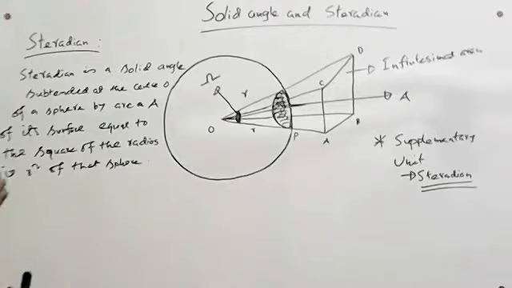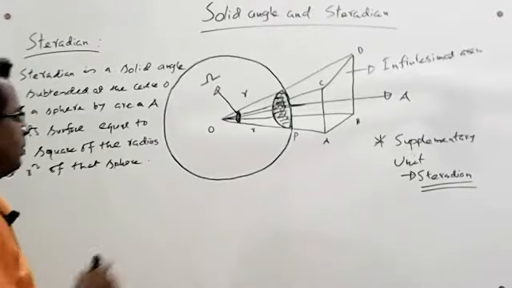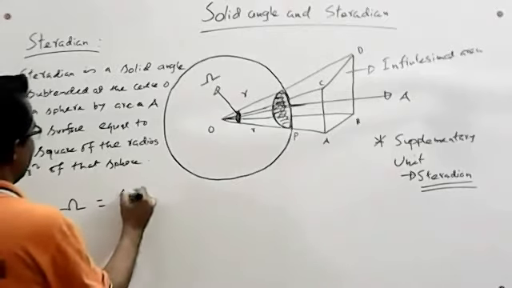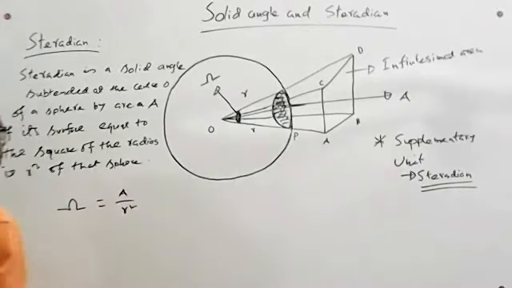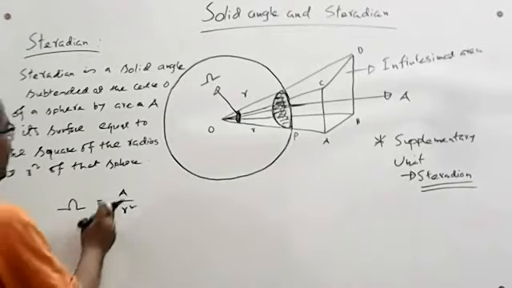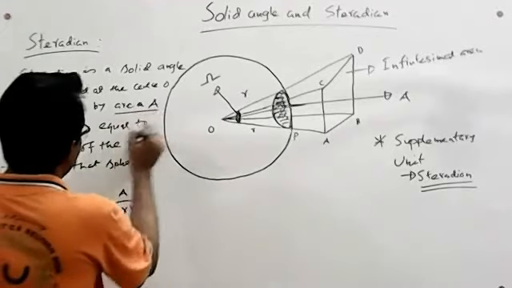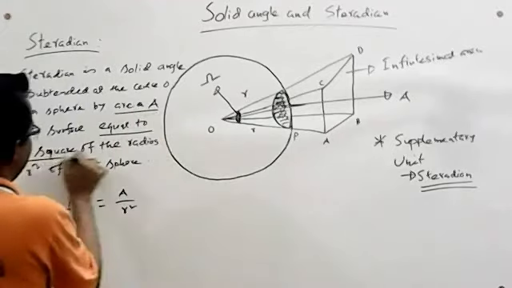So, by the mathematical definition of solid angle, we know that omega equal to A over r square. And if we follow this definition for one steradian, then we can see that here A and r square are the same. Surface area A equal to the square of the radius.